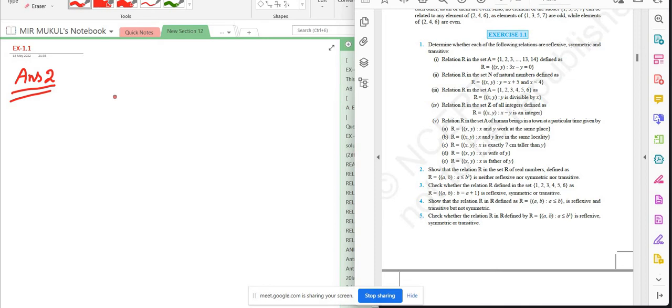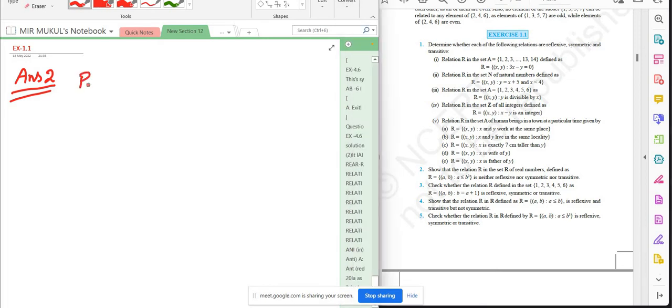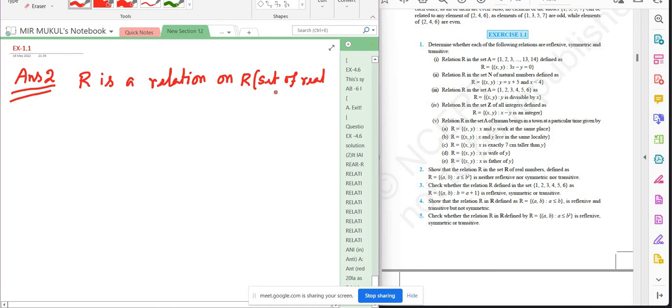Here R is a relation on R, and here R is the set of real numbers.